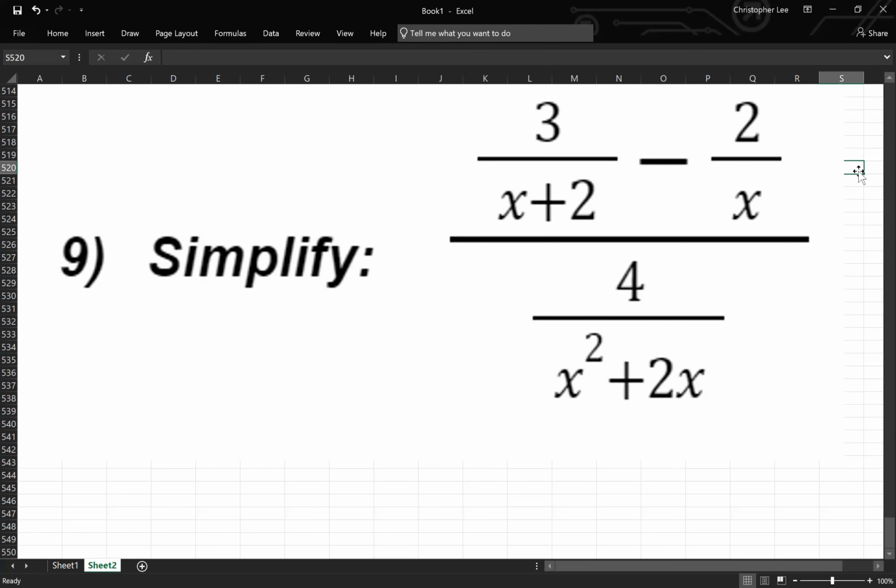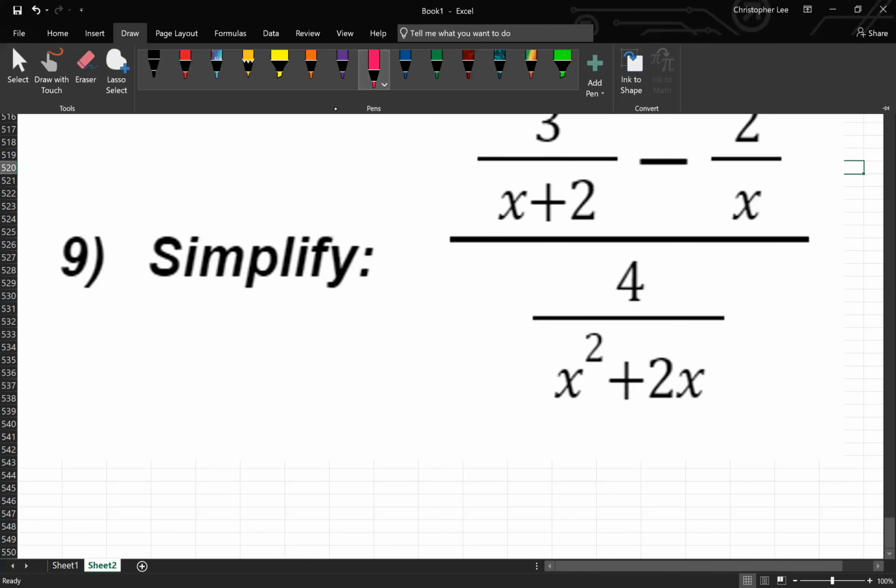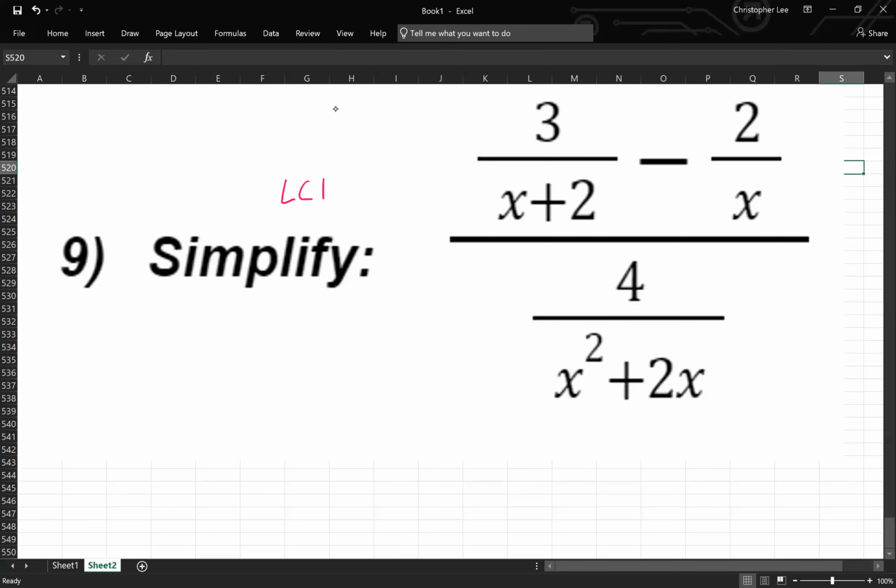All right, so what's the LCD? For the top, yeah. So x plus 2 and x, right? Good. So this already has an x plus 2, but it's missing an x, so what I do to the bottom, I do to the top. Then I have an x over here, but I'm missing the x plus 2.